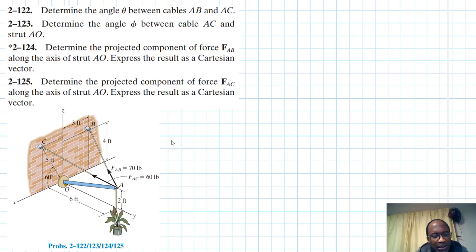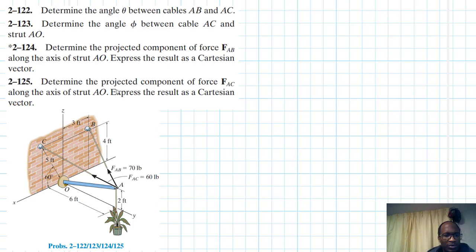The second one, determine the angle phi between cable AC and the strut AO, and the third one, determine the projected component of force FAB along the axis of the strut AO. Express the result as a Cartesian vector. The fourth one, determine the projected component of FAC along the axis of the strut AO. Express the result as a Cartesian vector.